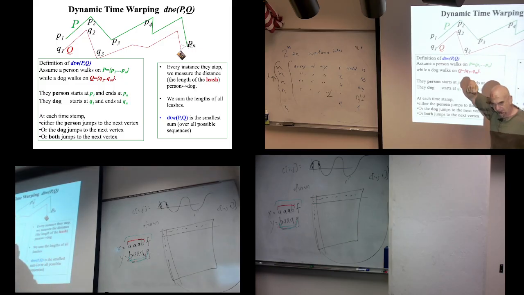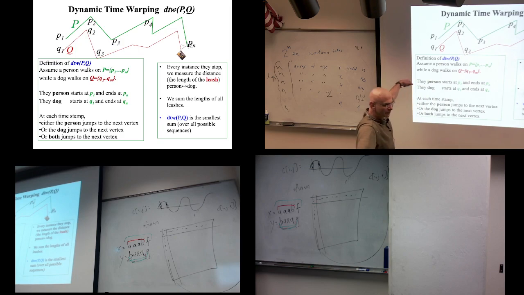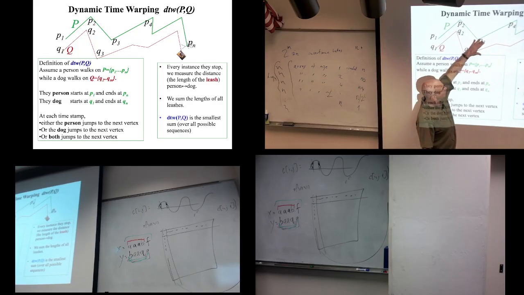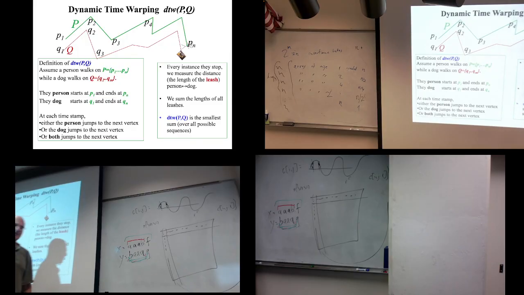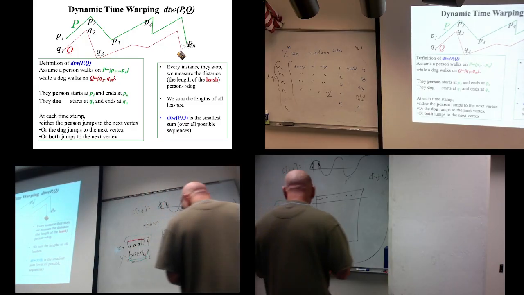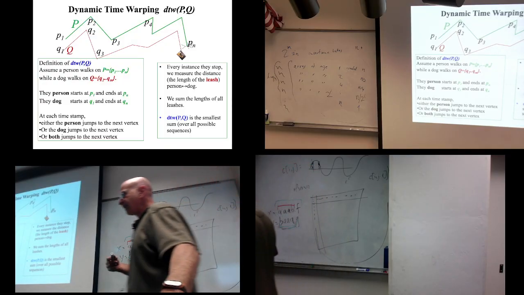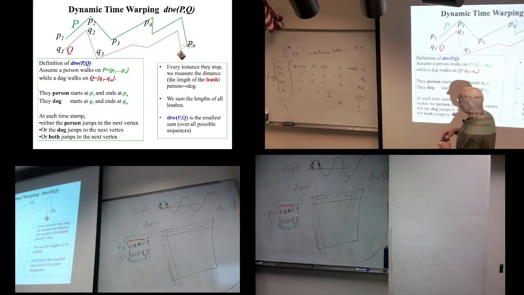So I'll check at every instant how far away they are from each other, and ask, does it mean that the two curves are close to each other or not? But this is a very confusing question because it really depends on how fast the dog or the person moves. If they are moving coordinately, then presumably these distances should be close. These measurements that I'm giving should be close if they are coordinating with each other.